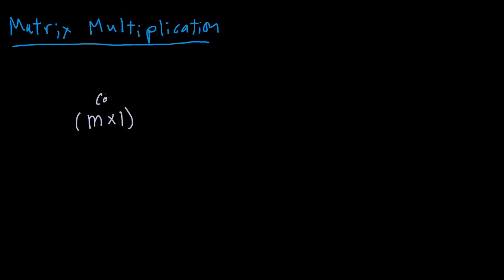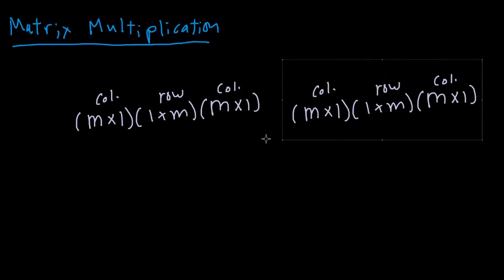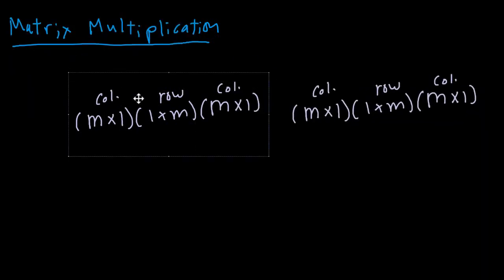And then you have a row vector, which is a 1 by m matrix. And then you have another column vector, which is an m by 1 matrix once again. So there are two ways that you could evaluate this product of matrices.